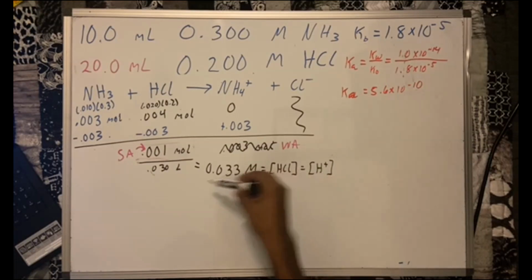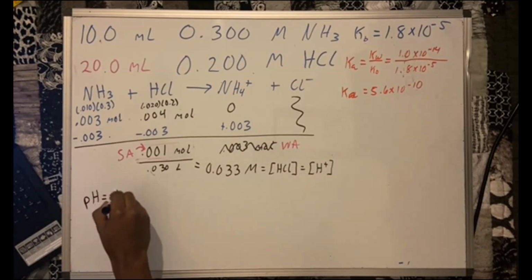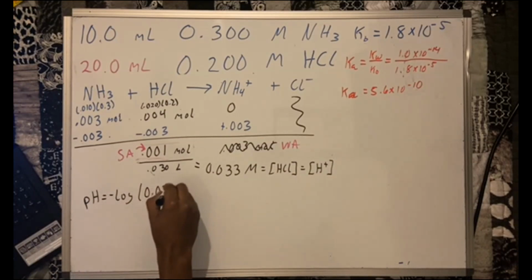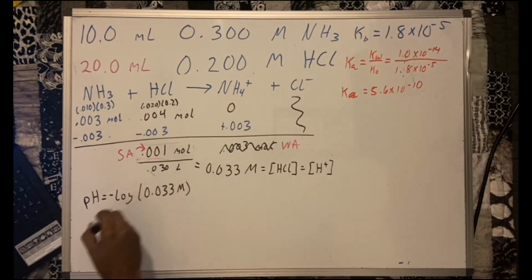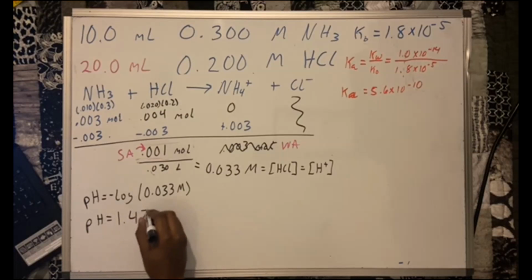I can just take the negative log of that to get my pH. pH is negative log of 0.033 molar. So my pH is going to be 1.4748.